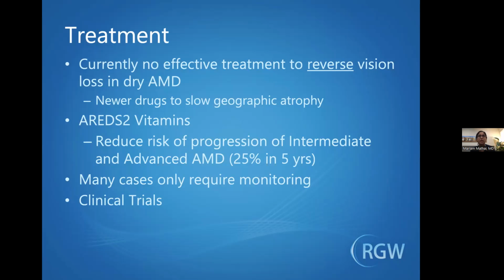Some of the common brands that you may have heard of are Preservision, Focus, and Ocuvite. There's a ton of different brands, and you can get them at any pharmacy. Costco has them and sells them at the most affordable price. But you take them twice a day and it does reduce the progression and risk of turning to wet macular degeneration.